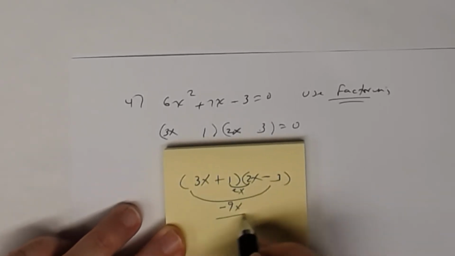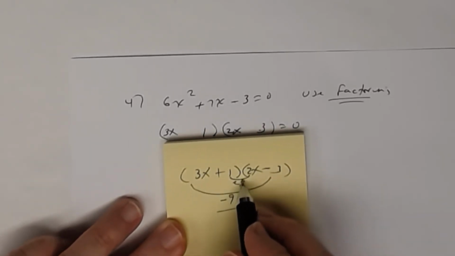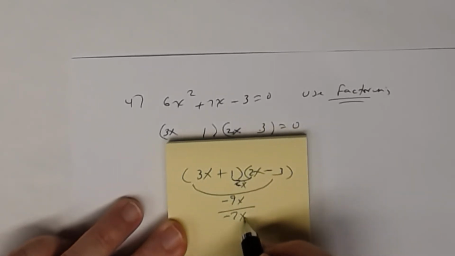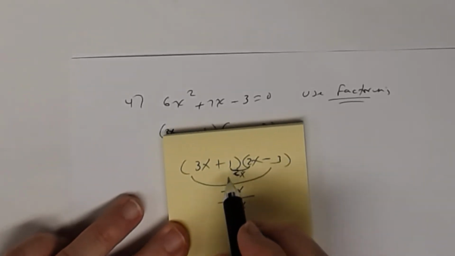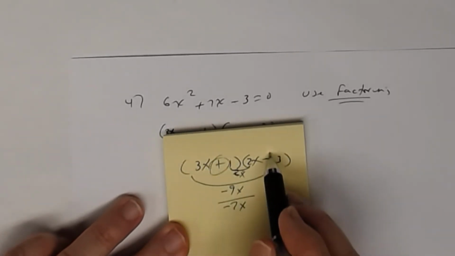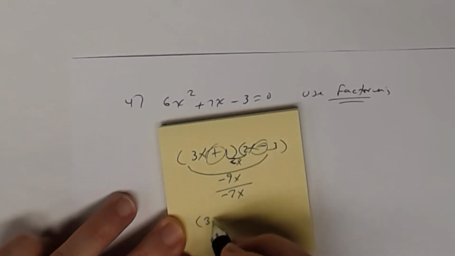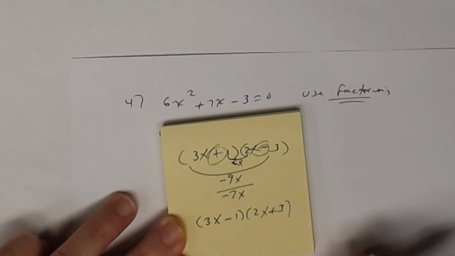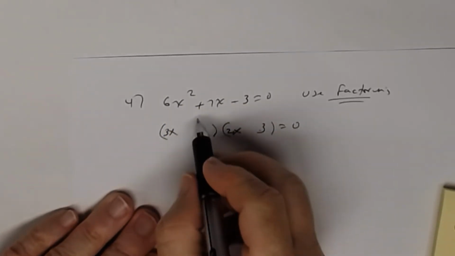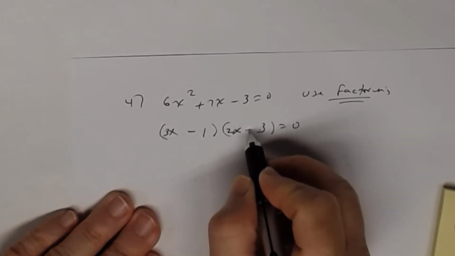When I combine the outer and the inner, 2x and negative 9x is a negative 7x, but that's not what you wanted. You wanted a positive 7x. So all you do is change those signs. It needs to be factored as 3x minus 1 times 2x plus 3.